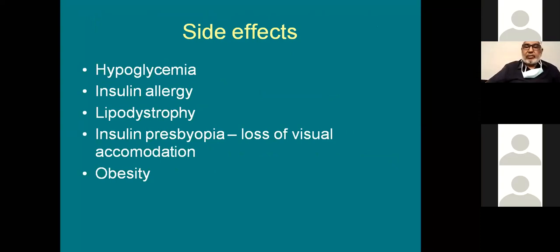Hypoglycemia is one of the severe adverse effects observed in patients in case of overdose of insulin. Insulin allergy, lipodystrophy, insulin edema, loss of visual accommodation, and of course obesity. The person who is taking insulin becomes fat.